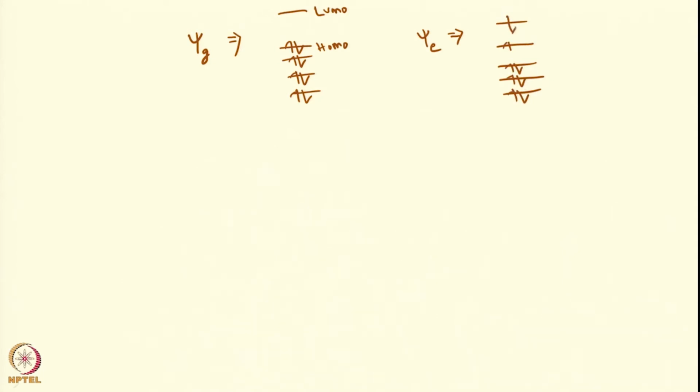Now there is one thing that I am trying to do here. If you consider HOMO and LUMO, I have started from here and gone to this. The other possibility is this. Now this state is represented by S equal to 0. This state also is represented by S equal to 0.